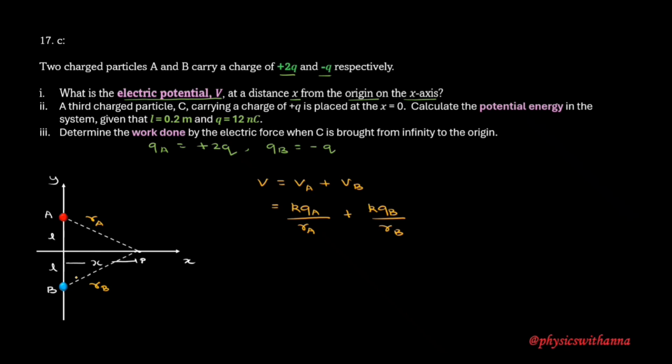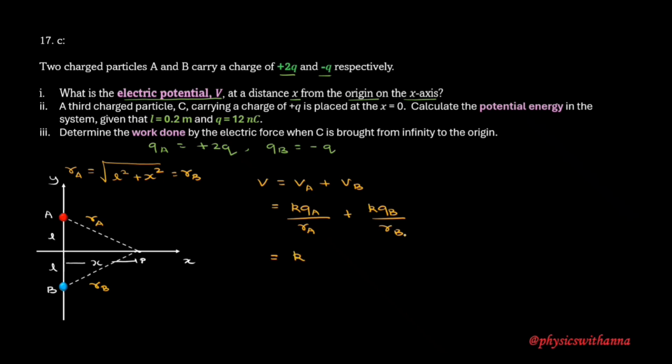Now we can see from the figure that I can find RA and RB using the Pythagorean theorem. So we write RA equal to square root of L squared plus x squared, which is the same as the distance RB, since both particle A and particle B are equidistant from point P. So if we substitute the values here, K is common in both the terms, so we can take it outside of the bracket.